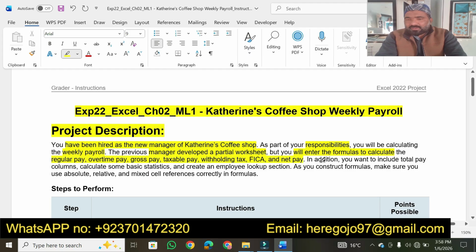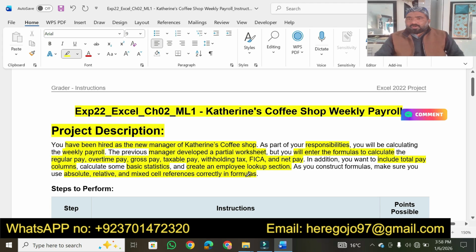In addition, you want to include total pay columns, calculate some basic statistics, and create an employee lookup section. As you construct formulas, make sure you use absolute, relative, and mixed cell references correctly.